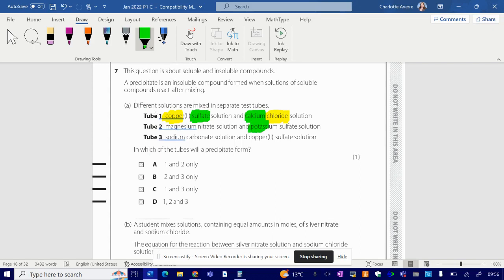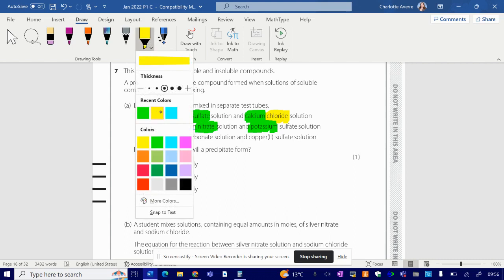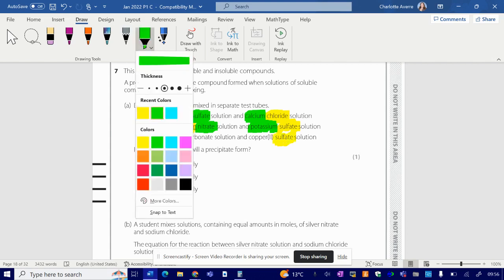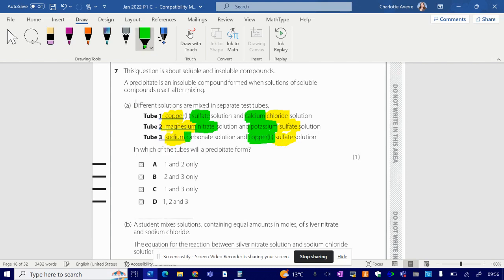Tube number 2, I'm going to have potassium nitrate and magnesium sulfate. And tube number 3, I'm going to have sodium sulfate and copper carbonate.